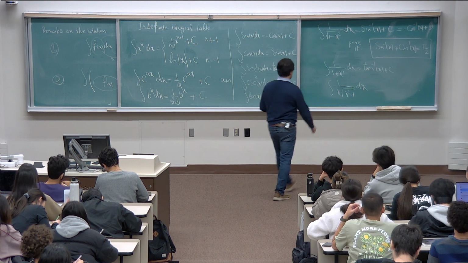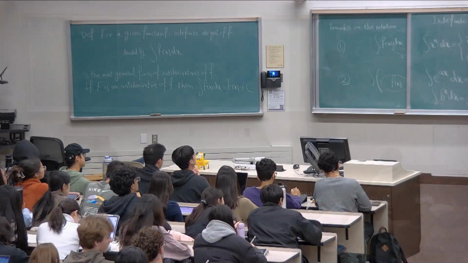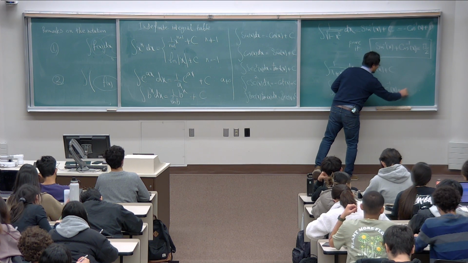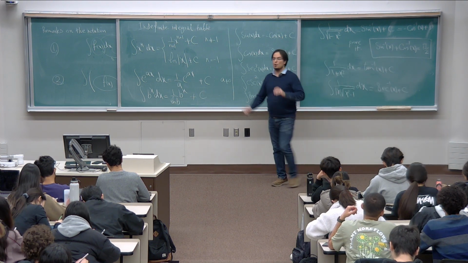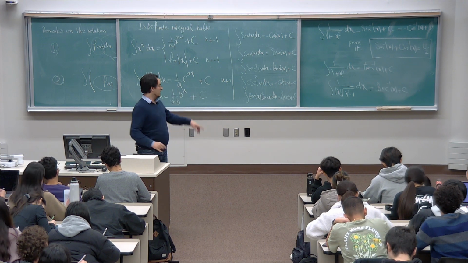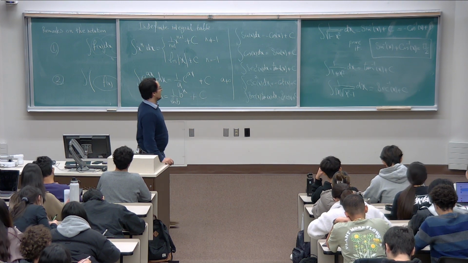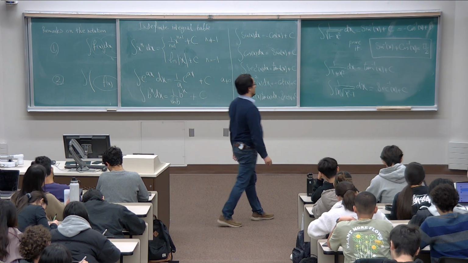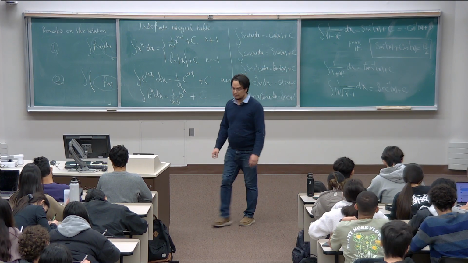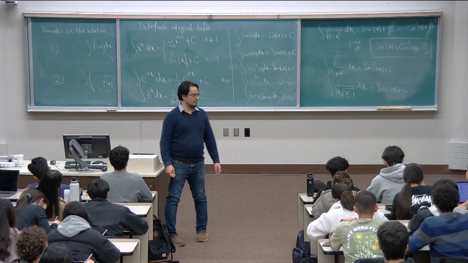I will write what I believe is mathematically correct with the notation of this textbook. That's the integral of 1 over absolute value of x root x squared minus 1 dx is secant inverse x.